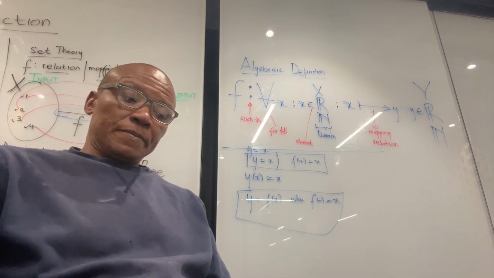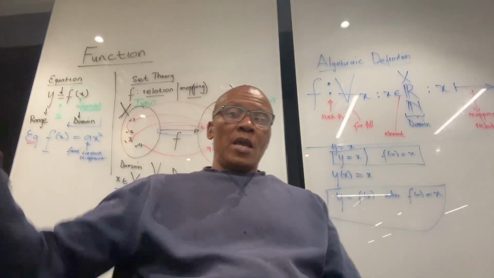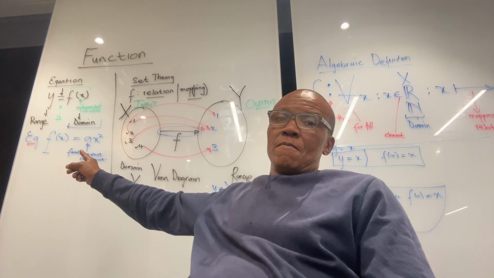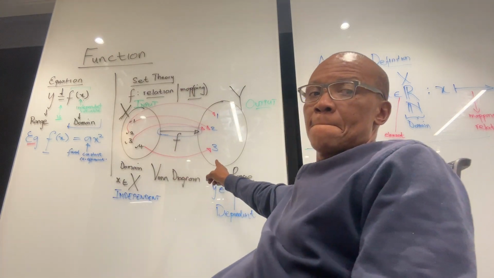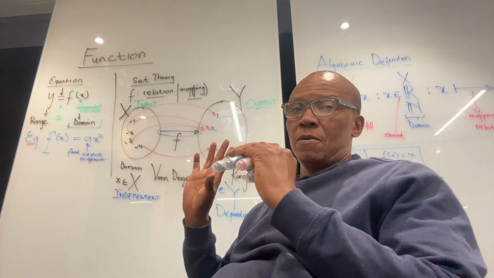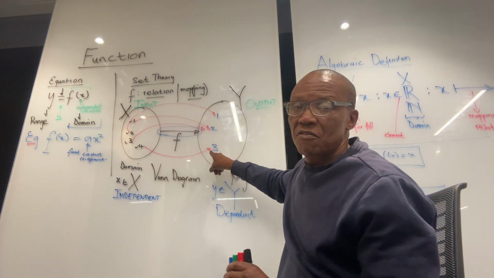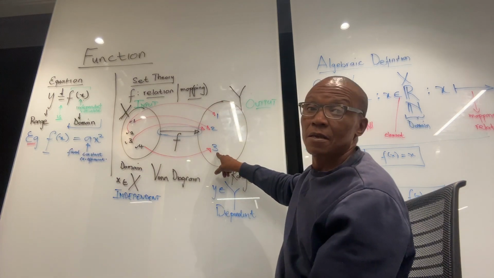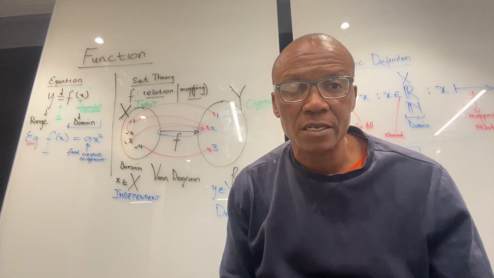It's a relation. It tells you how I'm mapping. It says f maps the number 4 from the domain to the number 3 in the Y. It's a mapping, it's a relation. It's still a function.